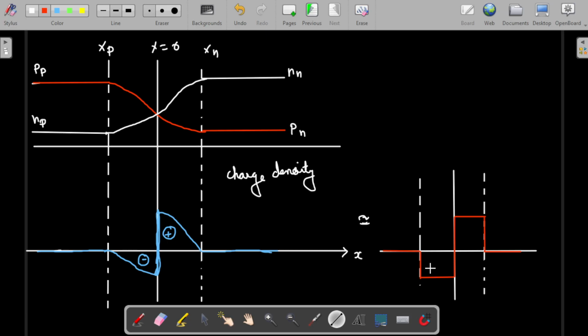I hope you guys are getting it. So this is negative, with only acceptor atoms here and only donor atoms here. This is one kind of approximation we use for all the mathematical studies. I will let you know why we took this and how we will proceed in the next lectures. For now, you can know that this is the depletion approximation.